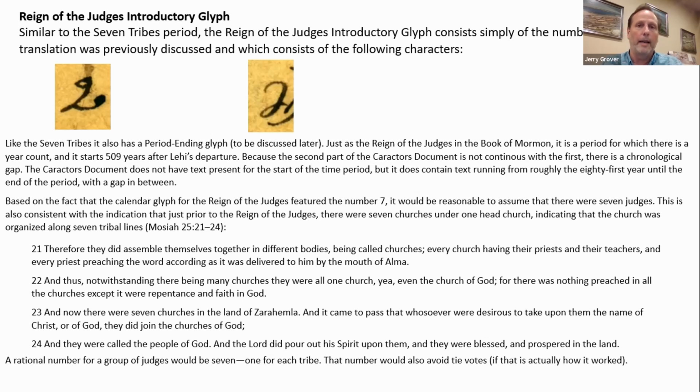The Book of Mormon doesn't say how many judges, just the chief judge and other judges, but it would make sense with 7 different tribes. So it'd be a stylized number 7 for the Reign of the Judges, which was implemented at the end of the Reign of the Kings. So it's the next one in line.